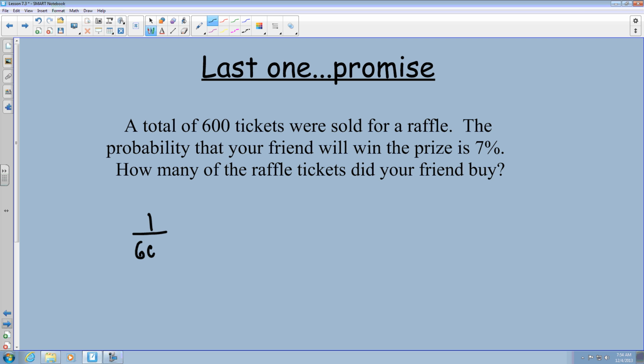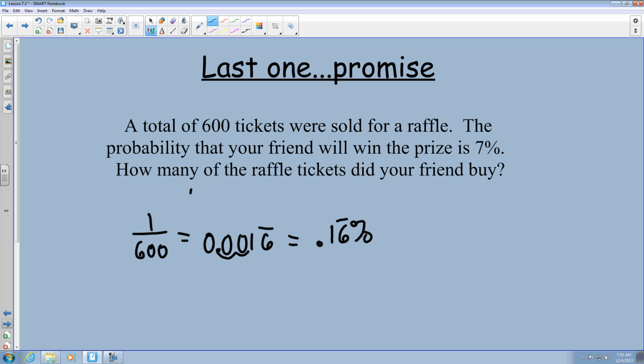So if I get 1 over 600, I want to find out what 1 over 600 is as a decimal. So this is going to equal as a decimal 0.0016 repeating. So if I move this 1, 2, so this is a what? 0.16% chance of winning if you buy one ticket.